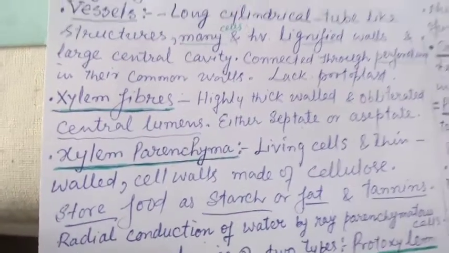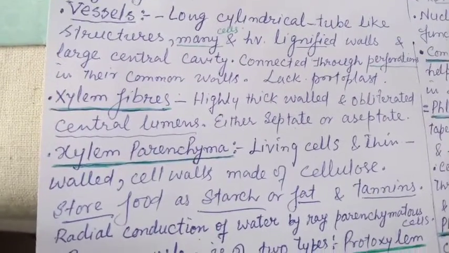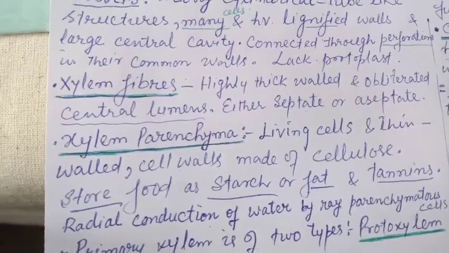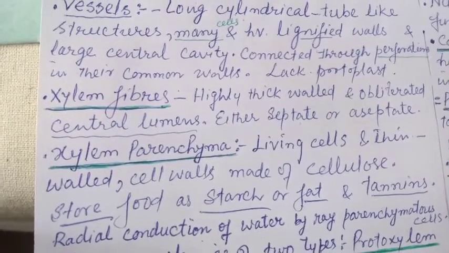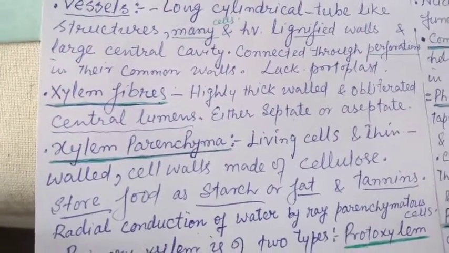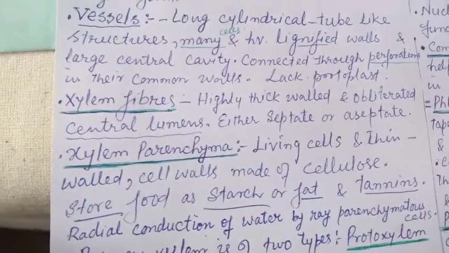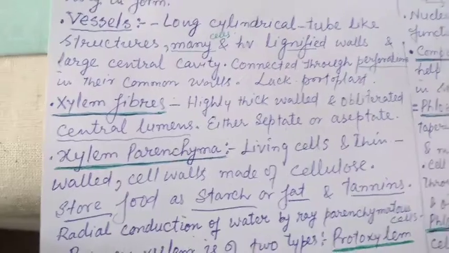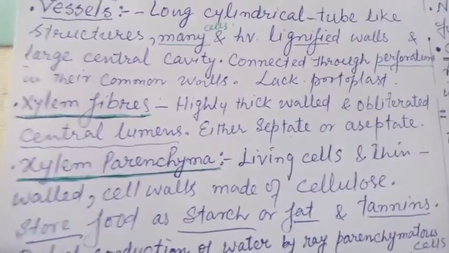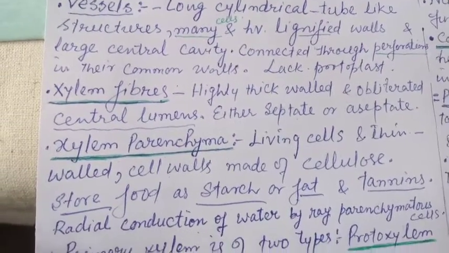Now the xylem fibers. These are highly thick-walled with obliterated central lumens. They are either septate or aseptate. Septate means they are divided by the presence of septa, or they do not have septa in between the cells.